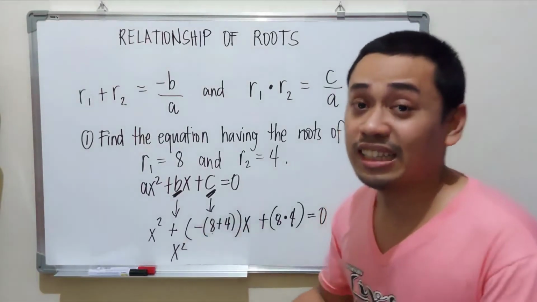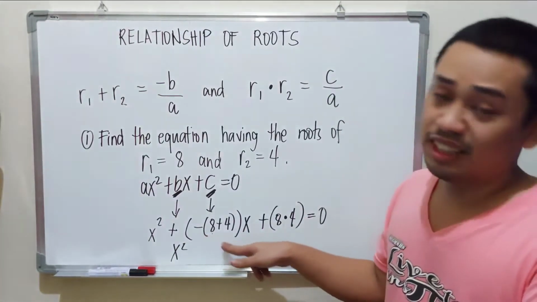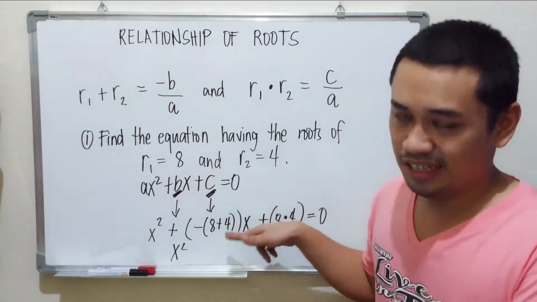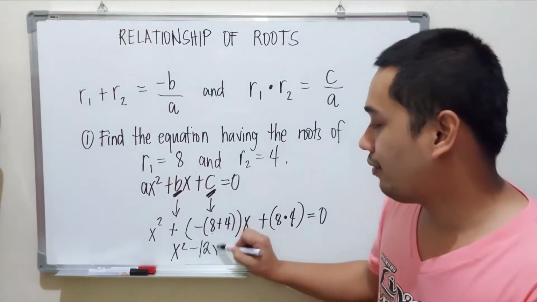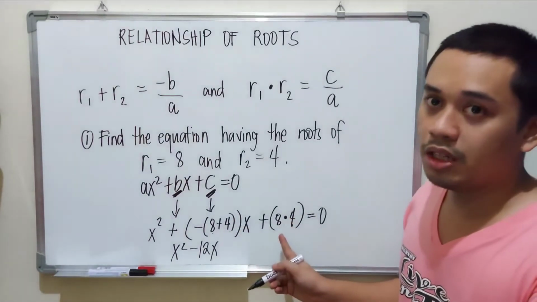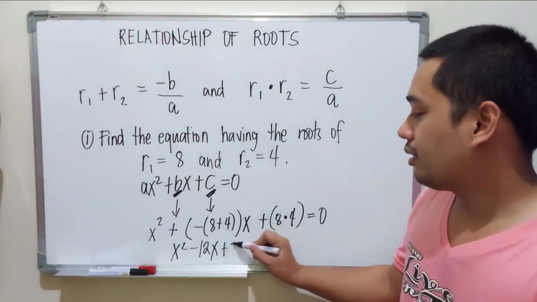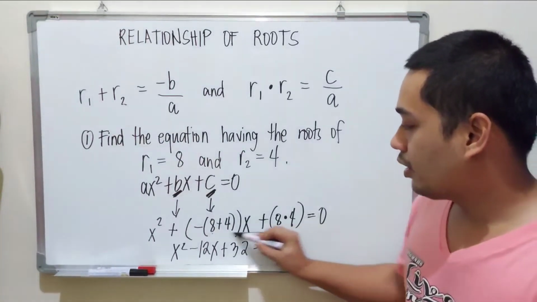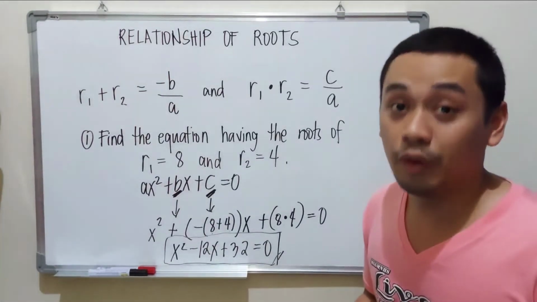So, let's simplify it. x squared plus the negative sum of 8 plus 4. Then, that's 12. The negative of that is negative 12. So, it becomes minus 12x. Then, the product of our roots, 8 times 4, plus 32 equals 0. This will become our generated quadratic equation.